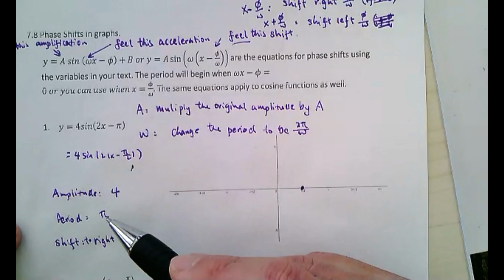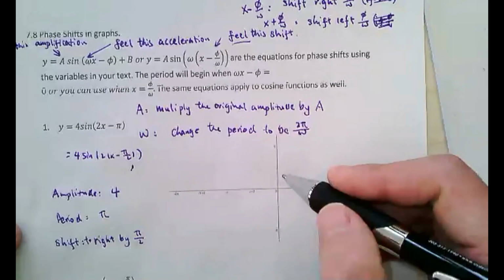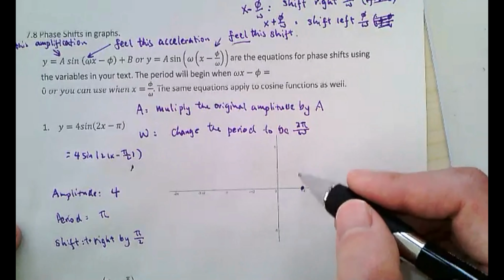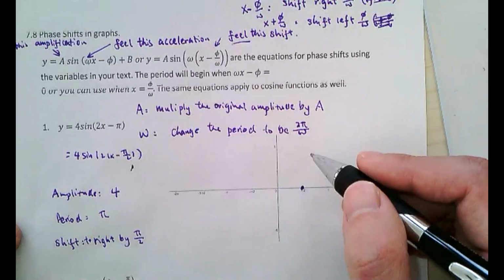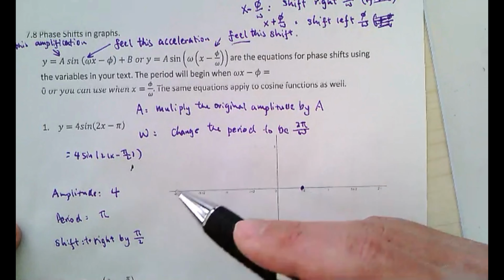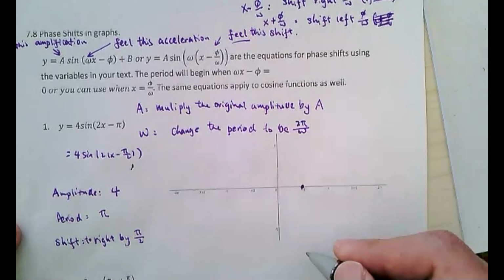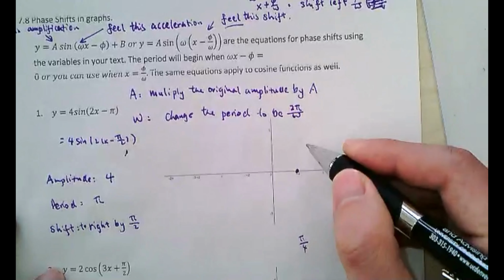Previously, it takes pi over 2 to get to pi. Sine pi over 2 is 1, where it reached maximum. Right now, you only take half of that period, which is pi over 4. Half of that pi over 2 to reach the maximum.